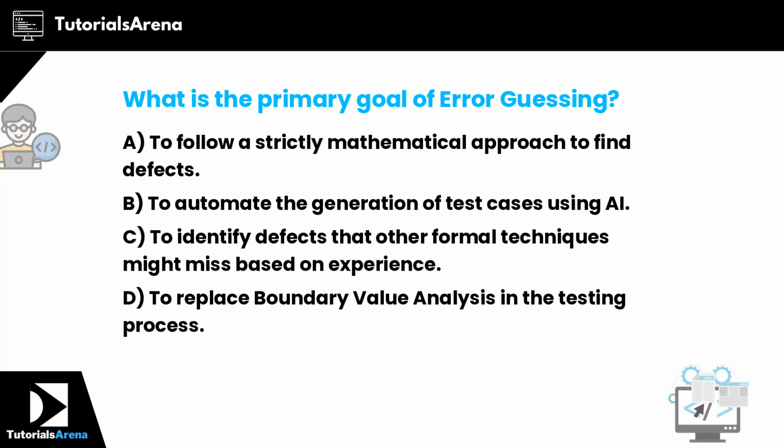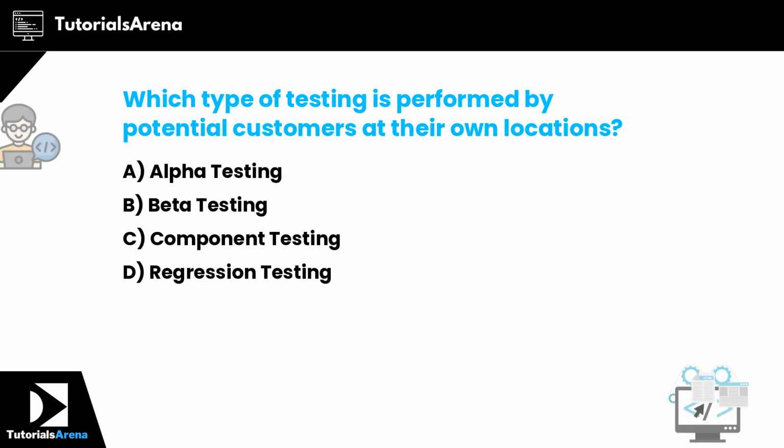What is the primary goal of error guessing? The correct answer is option C, to identify defects that other formal techniques might miss based on experience. Which type of testing is performed by potential customers at their own locations?